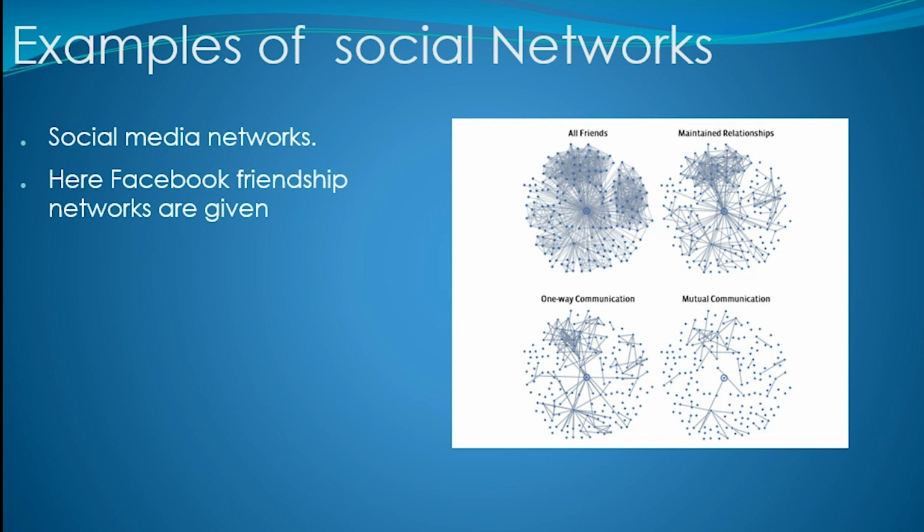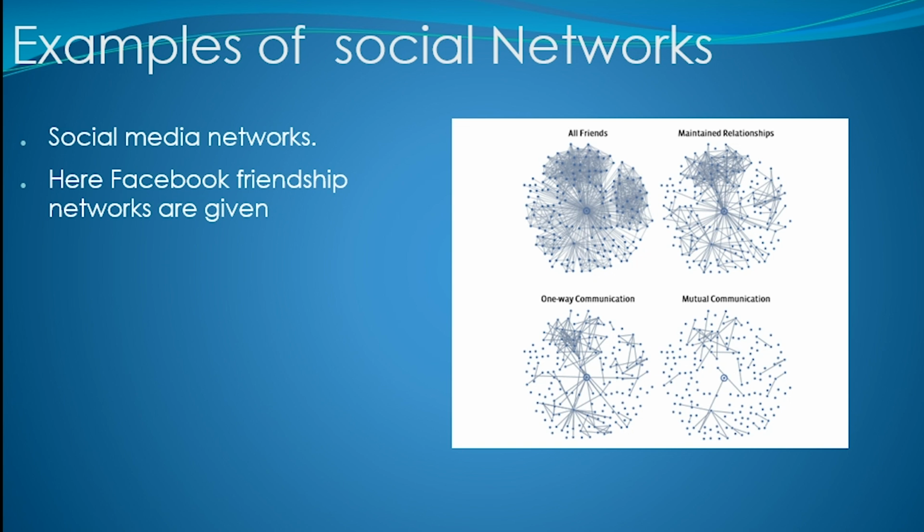So this is an example of a social media network, Facebook friendship networks. Given a person, he is connected to his friends, they are connected to their friends, and so on. So I can say the network may evolve over time, and in some networks, if you go to messages, there will be only one-way communication, mutual communication, etc. So Facebook is an example of a complex network.